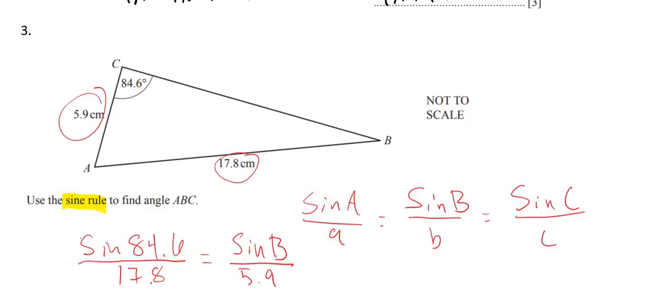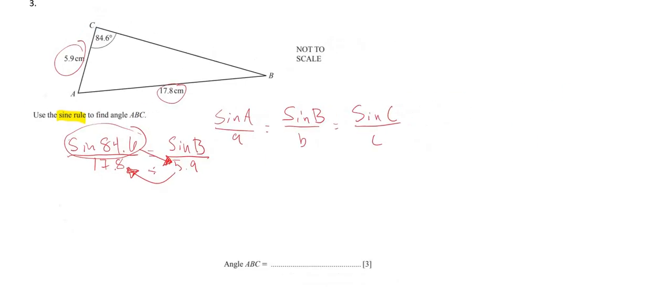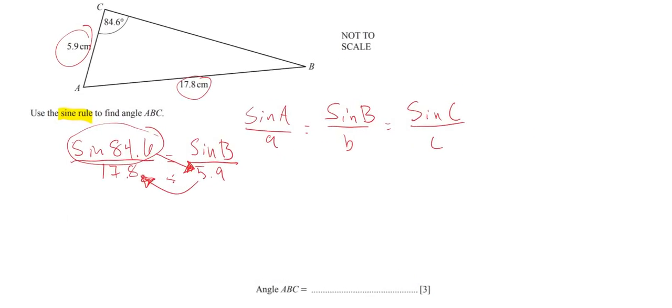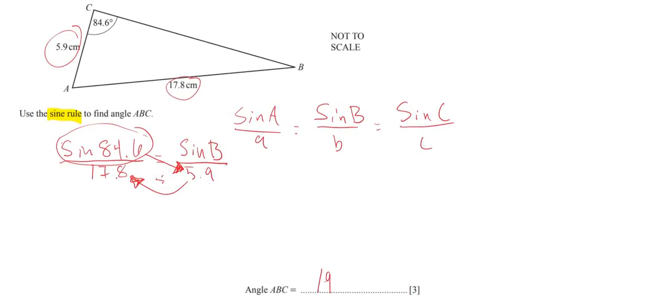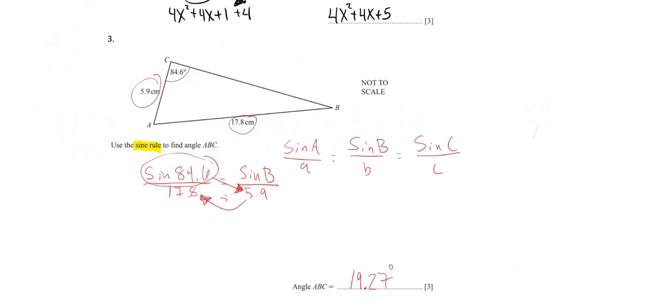And this is now a proportion that we multiply across and divide. When you do all of that, you find out that the angle is 19.27, or you could just do 19.3 degrees.